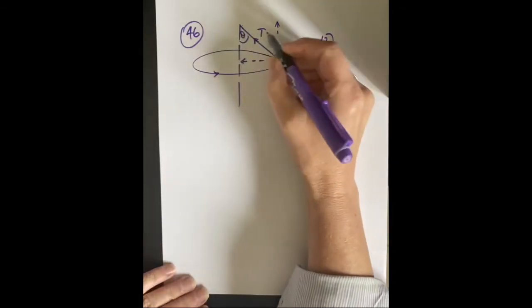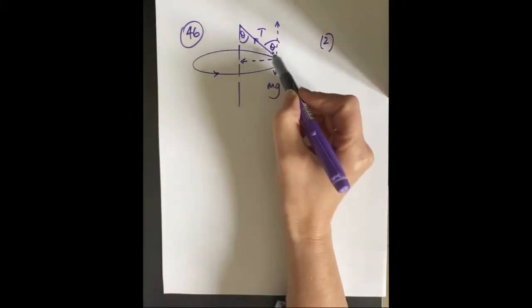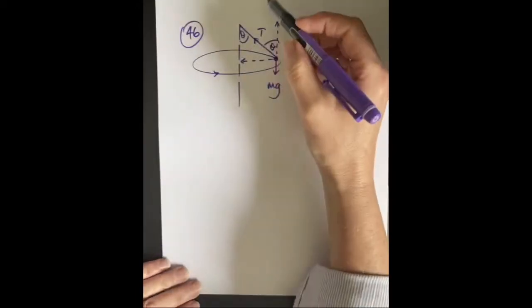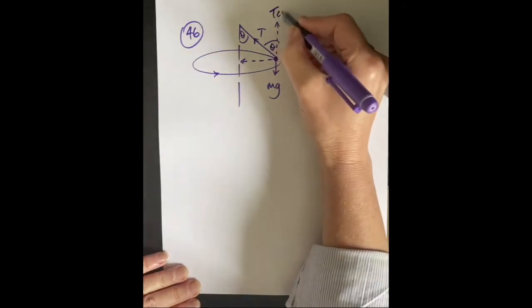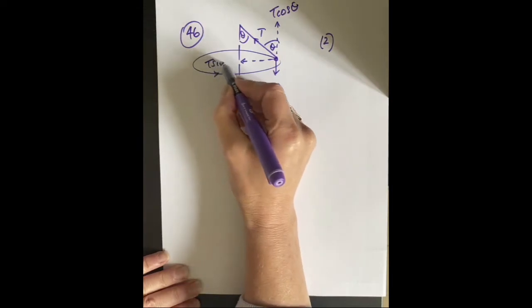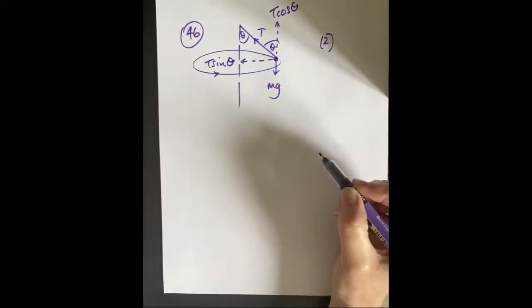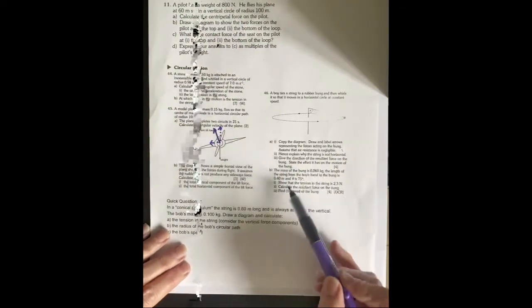And to help us out here, Z angles, that's theta, this is theta. And actually, if that's theta, then we know that this is T cos theta, and that is T sine theta, okay?